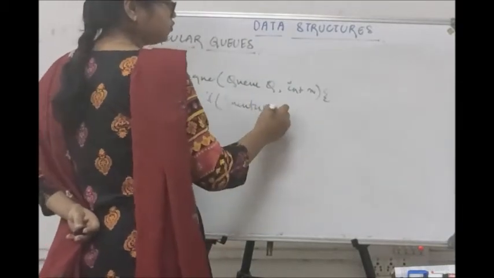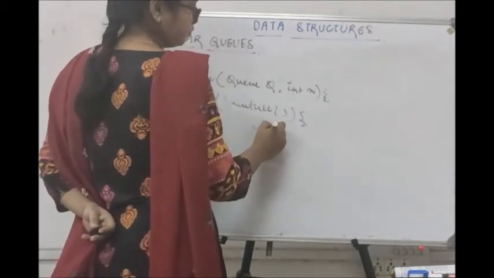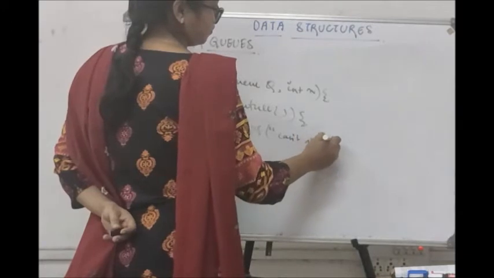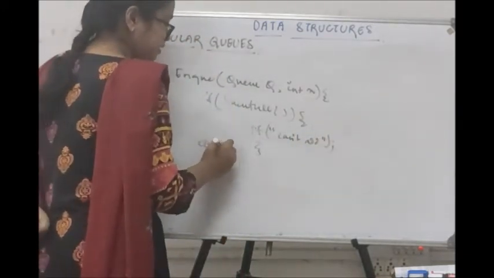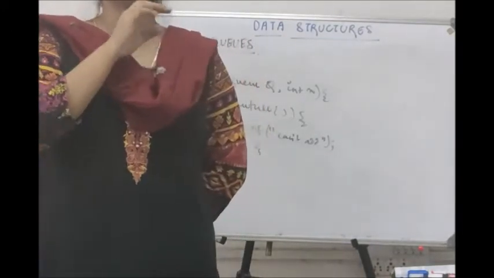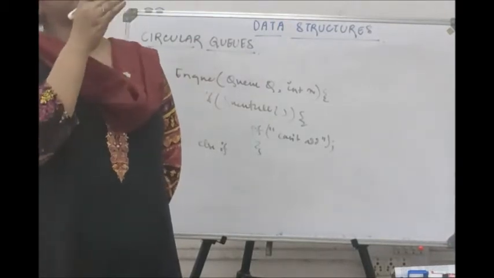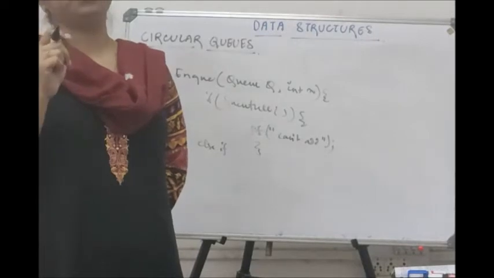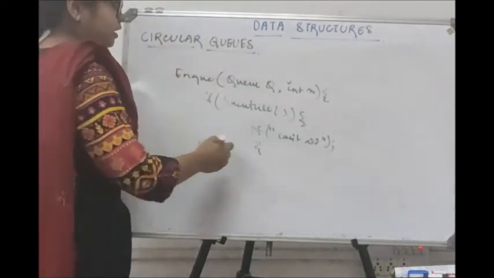If queue full is true, then we cannot add. We simply printf "can't add". If the queue is totally empty, then what we have to do? F and R are -1. We have to make them 0. This is what we do. We simply increment F and R if the queue is already empty.